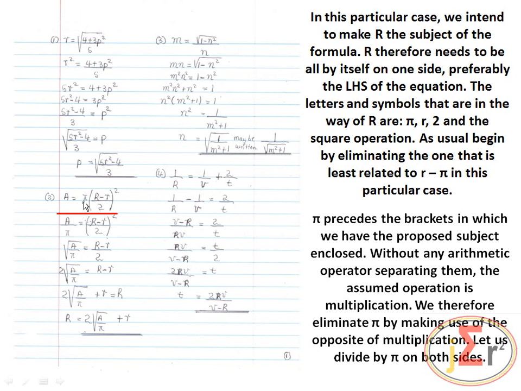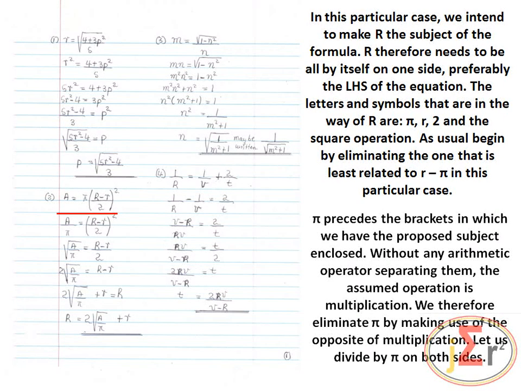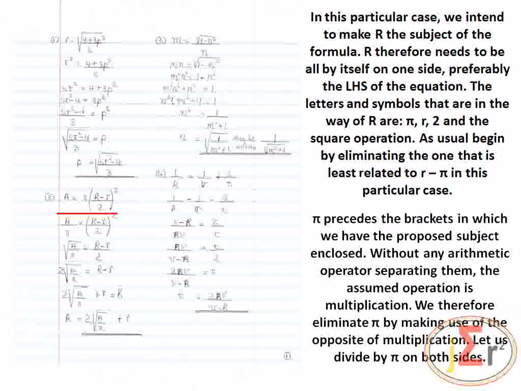Multiplication is the assumed or default operation. We therefore eliminate pi by making use of the opposite of multiplication, because it is related by multiplication.